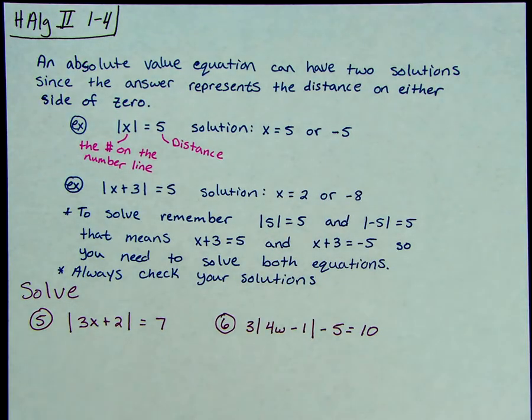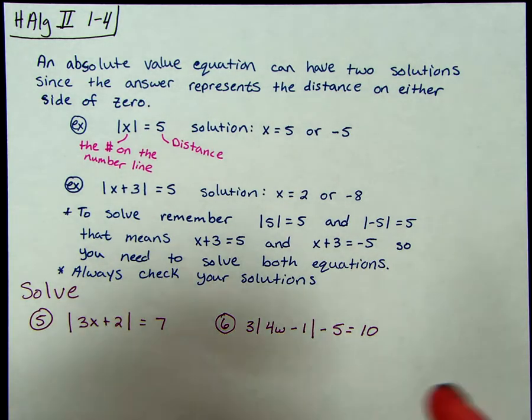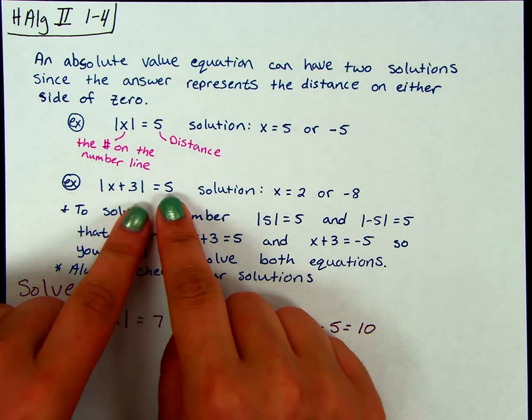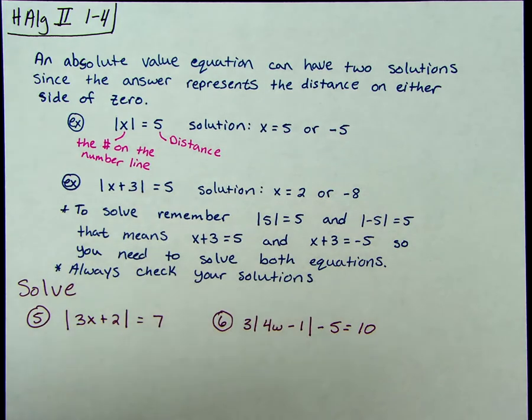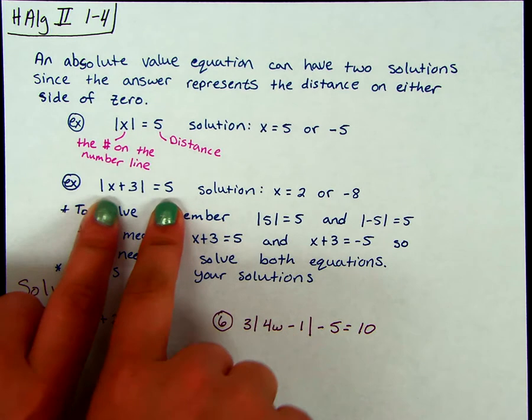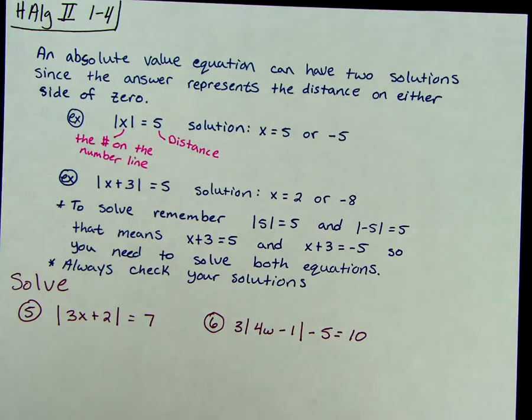Now, if we make the equation a little bit more complicated, this is asking us, how many numbers are 5 units away from 0, but we're also going to add 3 to both of those numbers. The easiest way to solve them is to take this and write two separate equations without our absolute value sign.